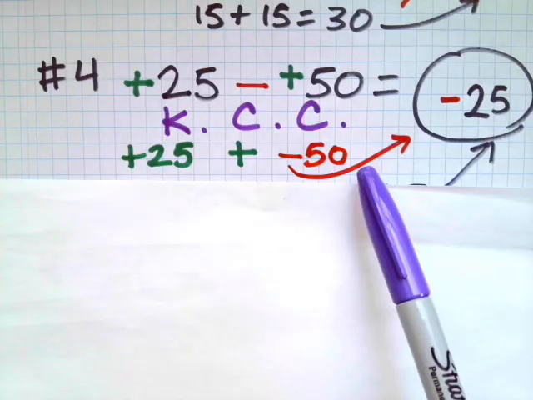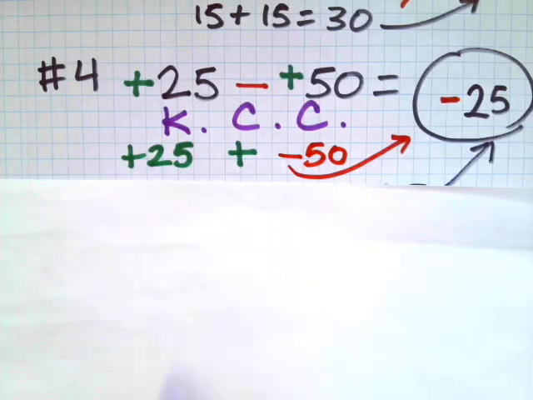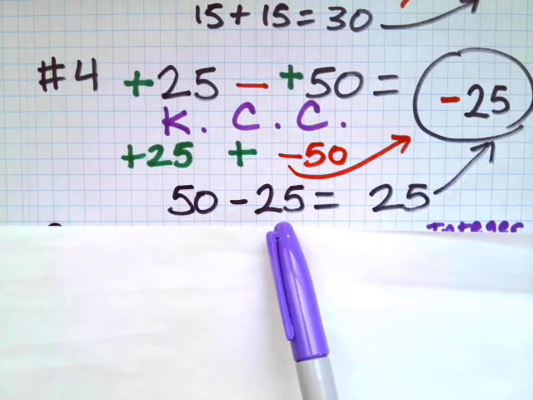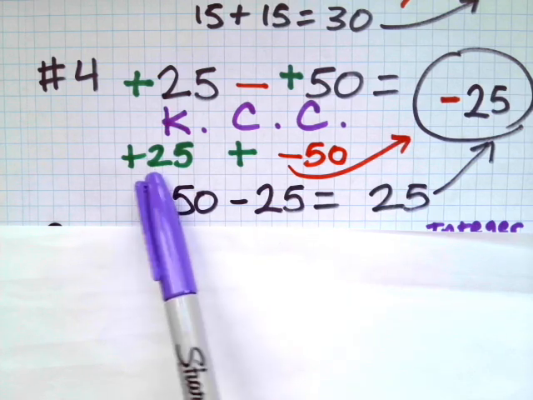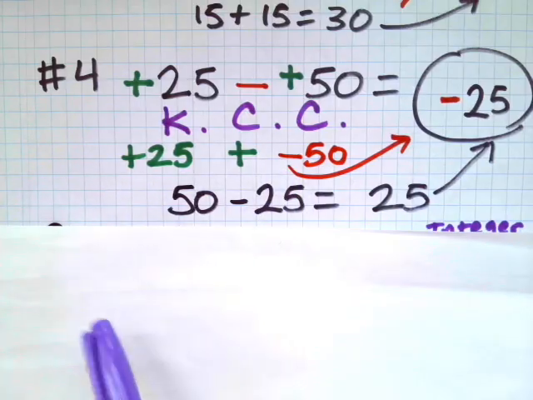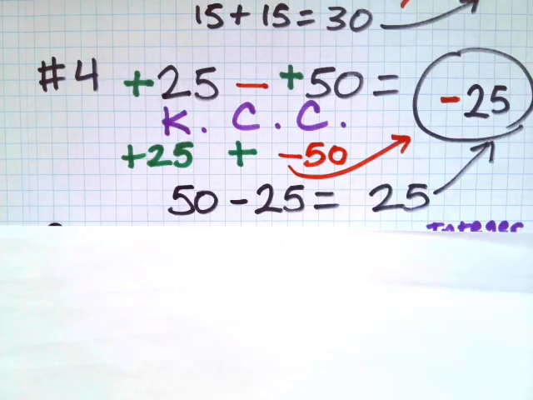Same signs, add, different signs, subtract. These are different signs, so you subtract. So I'm going to subtract 25 from 50. That leaves me 25. Are there more positives or more negatives? Well, I've got 50 negatives versus 25 positives. I'm going to keep that negative in my answer.